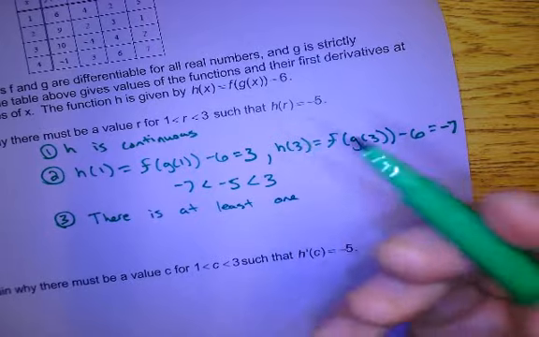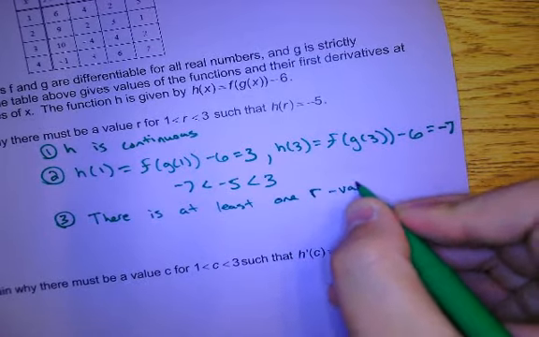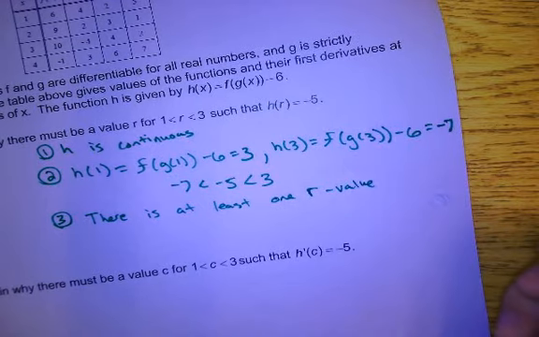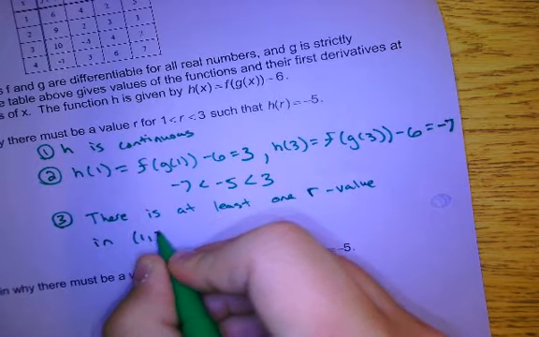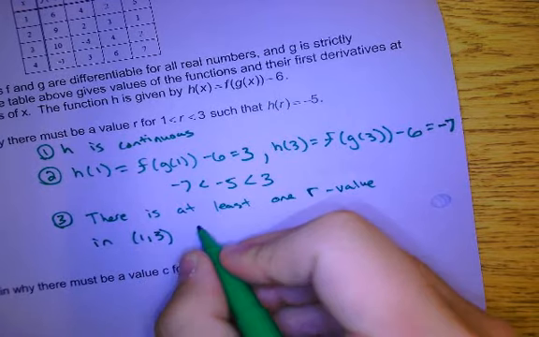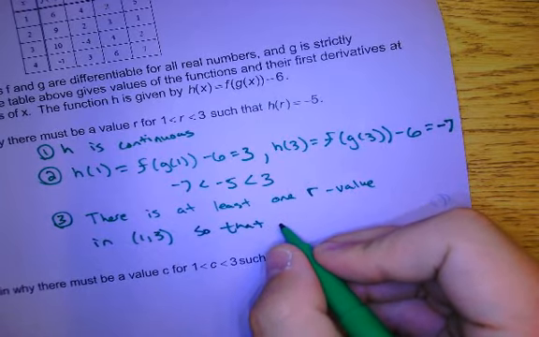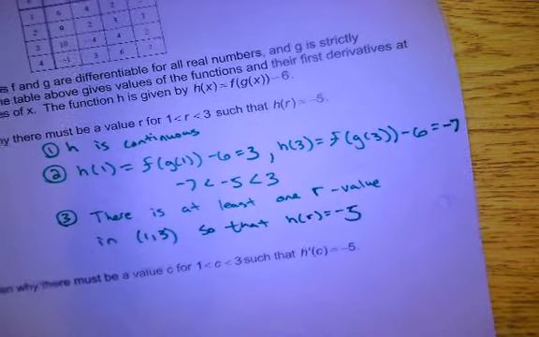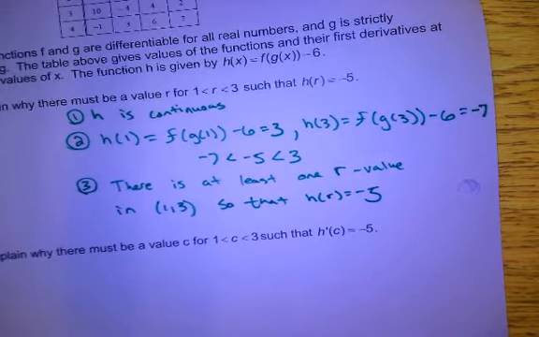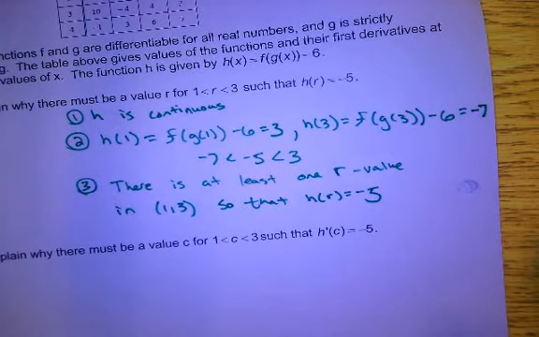I don't want to say C value because it gave me R. So there's at least one R value in 1 to 3 so that h of r equals negative 5. Alright, we good?